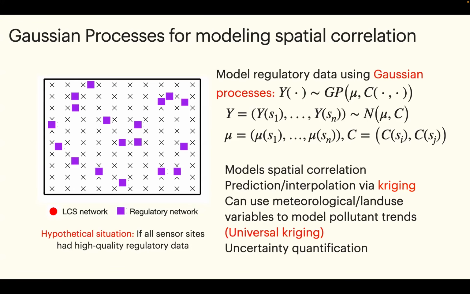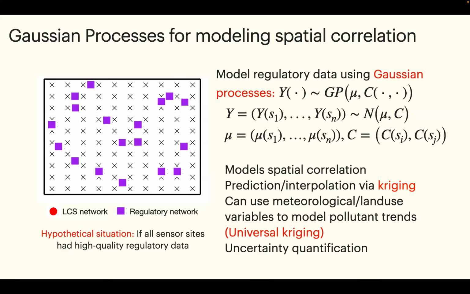We will simply model the reference measurements as a Gaussian process. It's essentially a normal distribution with some mean, and you can model the mean using land use variables and the hour of the day, month of the year, periodicity variables, and so on. You can put the rest of the spatial correlation in the covariance. It's very simple to estimate the parameters.